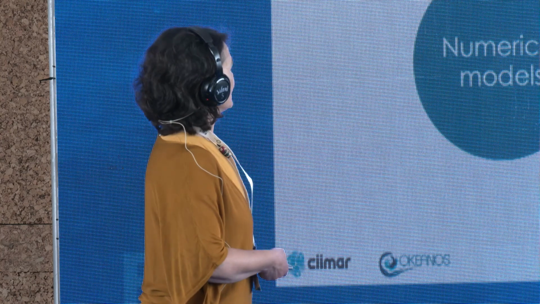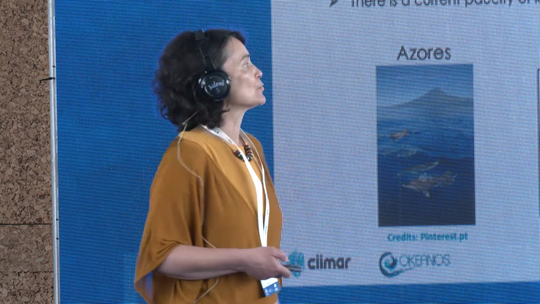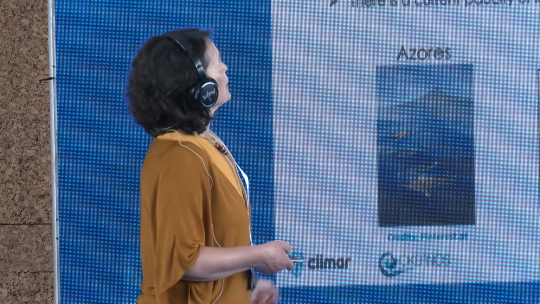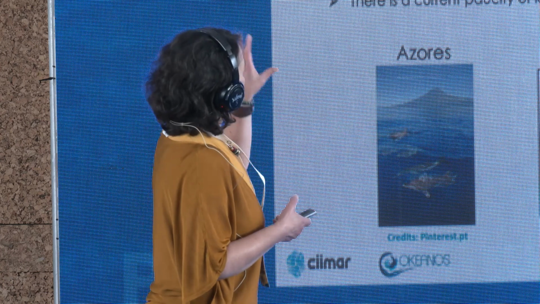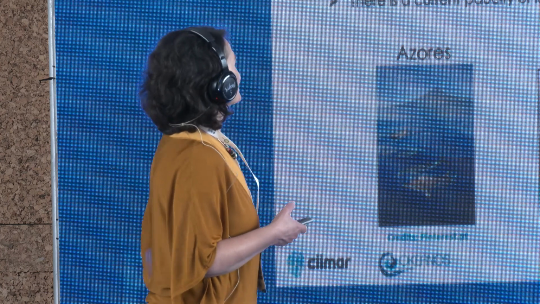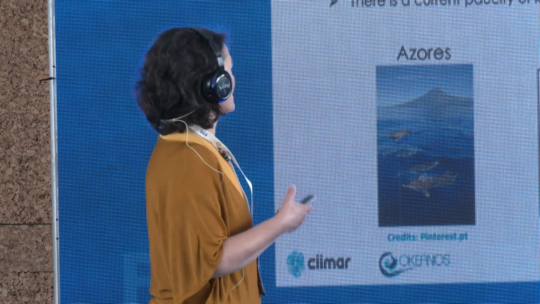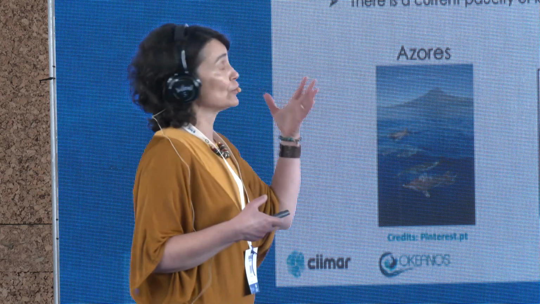So how are we applying this process then? We are following this approach in two projects that we carry on at CIIMAR. One is model risk. Model risk is also developed in cooperation with Oceanos from the University of the Azores. And we use this to establish ERA for hazardous and noxious substance spills.